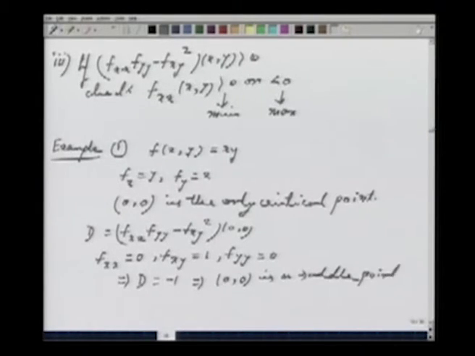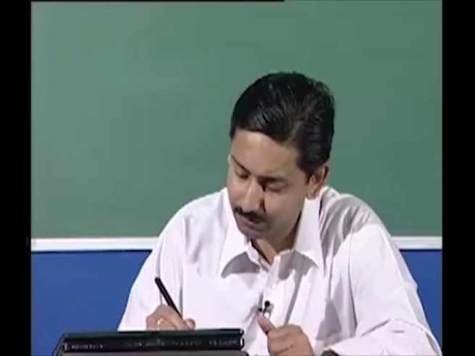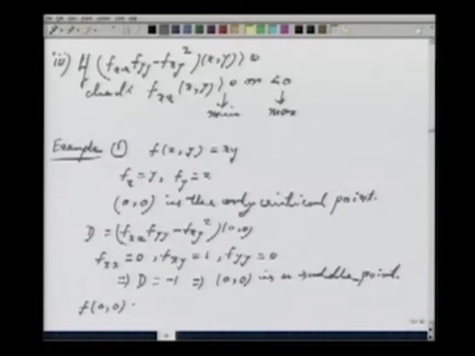Can I see that it is a saddle point? That is, in arbitrarily small neighborhoods of 0, 0, the function takes values bigger than f of 0, 0 and less than f of 0, 0. Now what is f of 0, 0? That is 0. So in 2 dimensions, this is the point 0, 0. I take any disk around this. If I take a point here, then x and y both are positive, so f of x, y is bigger than 0.